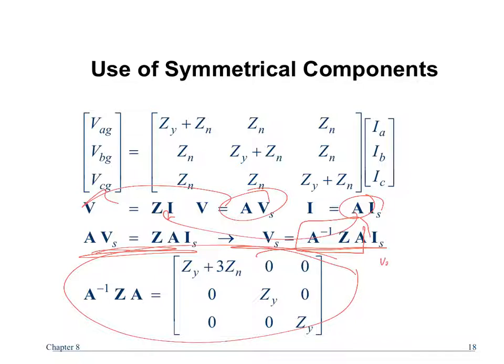Basically it's telling me V0, V1, V2 is going to be equal to Z0 plus 3Zn times I0, Z1 times I1, and Z2 times I2. Wow, that's a big deal.